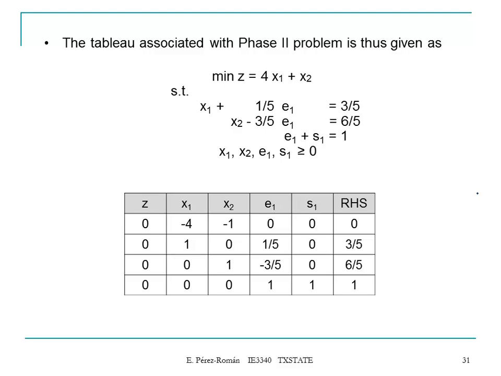But when you look at row 0 of the tableau, you have some coefficients that are not 0. So you need to make those 0. And that will be the same thing that we did for phase 1.